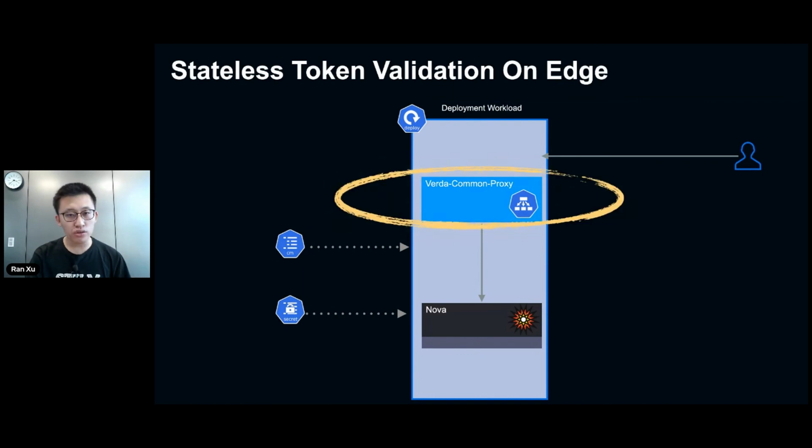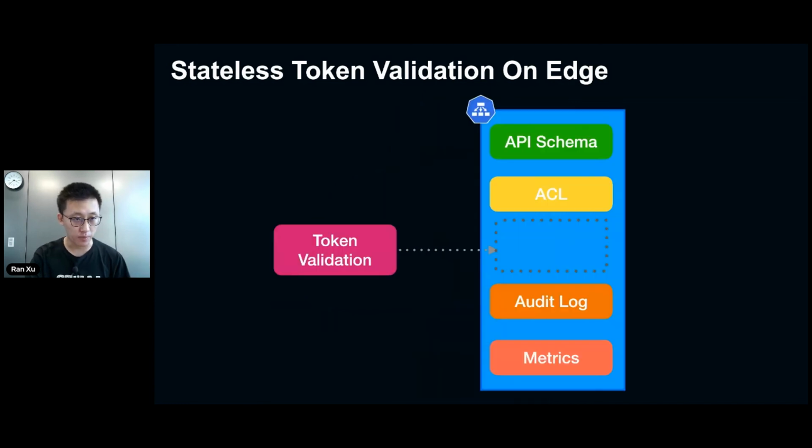So according to this component, we already had inside the Verda platform, the token validation feature is also one of the common logic that is needed by each Verda infra service, right?